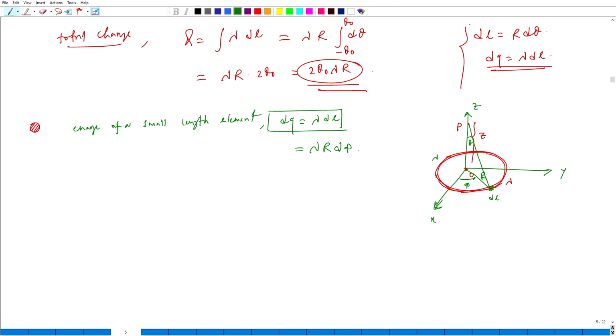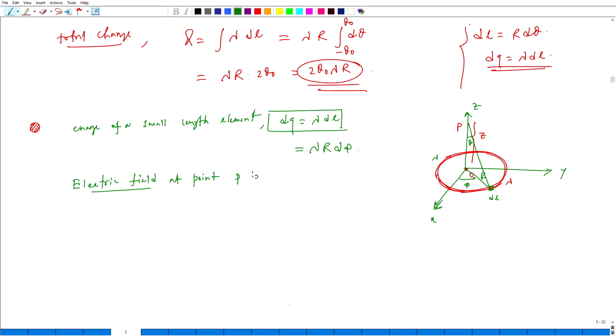So we calculate the electric field at point P, as denoted in the picture. First calculate the z components.